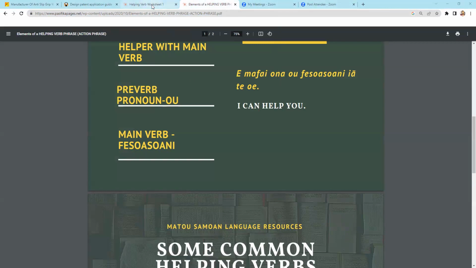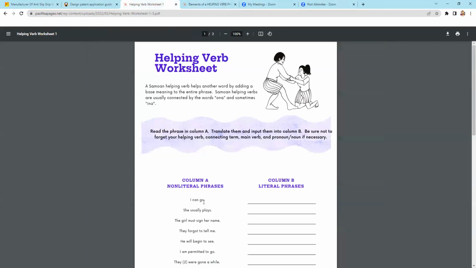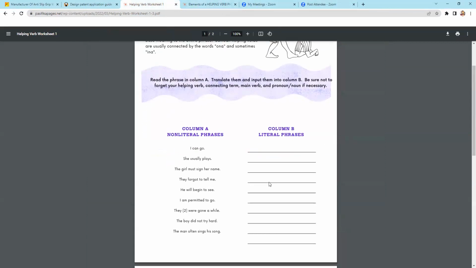The next one, we have another worksheet. Let's do a few of these, and we'll do them together. Remember, if I were to just say 'I go', how do I say that for what we know so far, without the 'I can'?